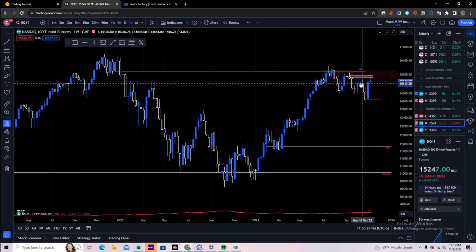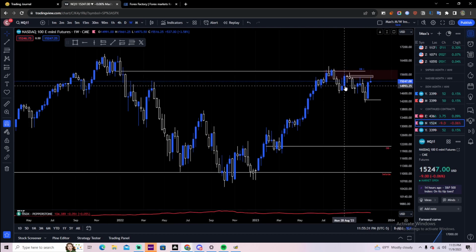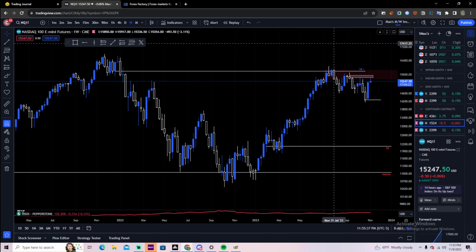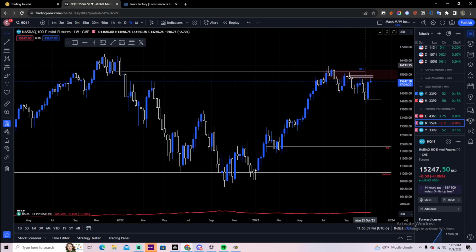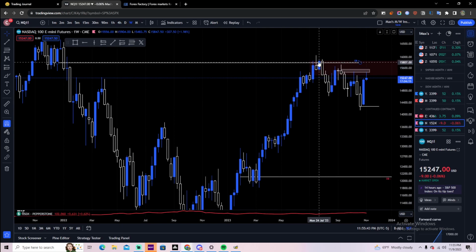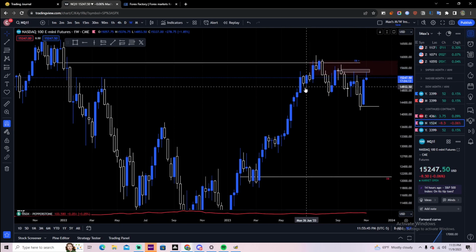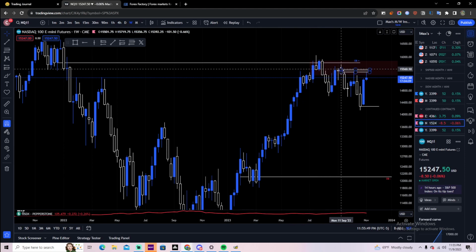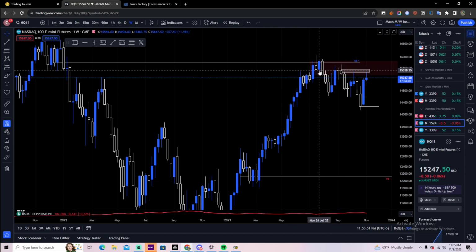And so here we are, same context here on the weekly. Just looking at where market structure has been. The first thing was when we had this down expansion taking out these lows here on the weekly chart. We then saw a return to that order block.